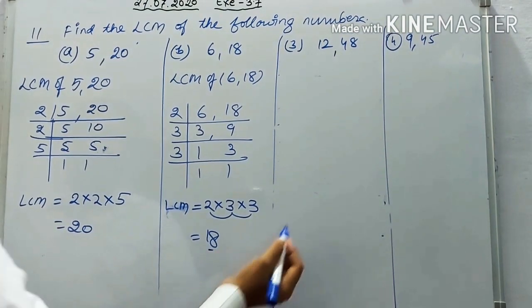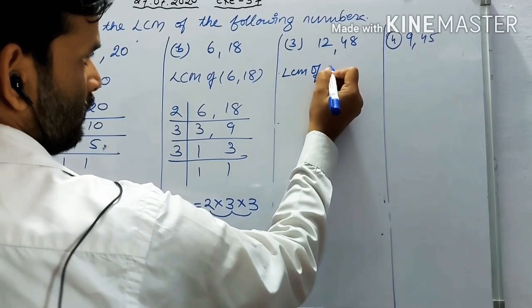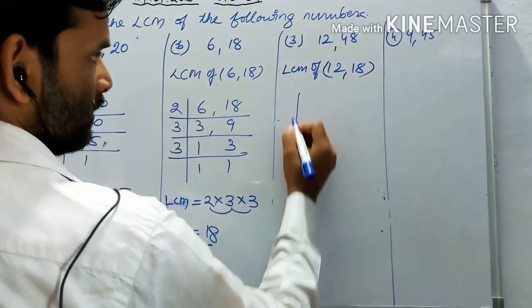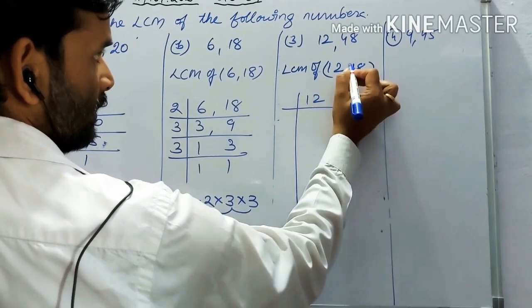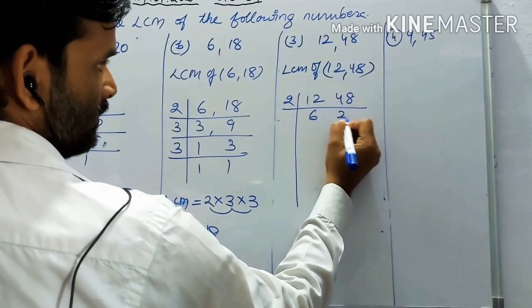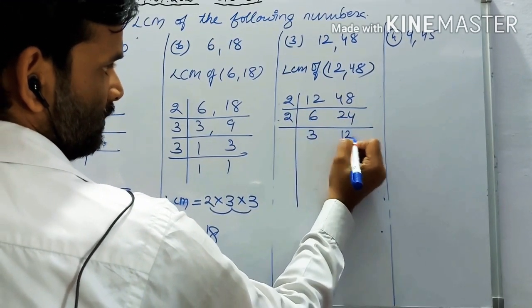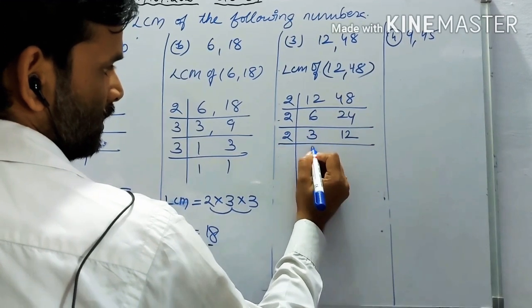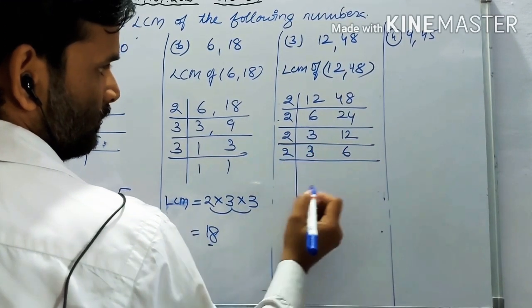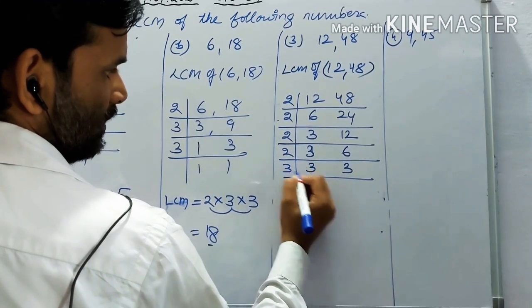Now this is 18. Now the LCM of 12 and 48. 48 becomes 24, 12 becomes 6, again 12 and 6, again 3, and 3 becomes 1.